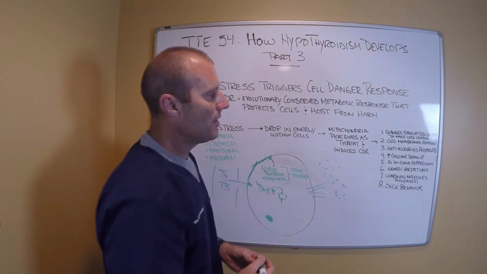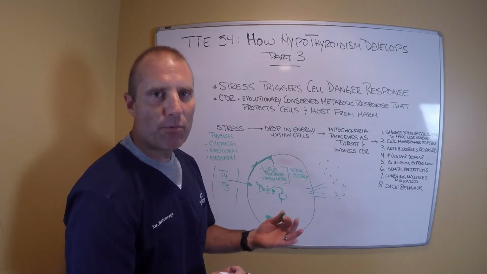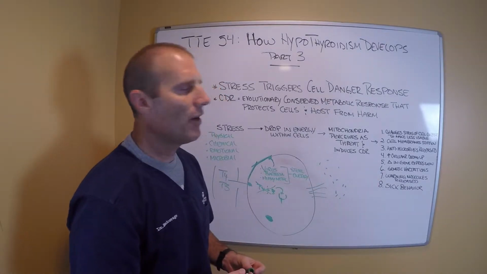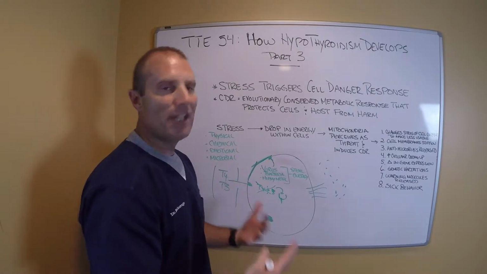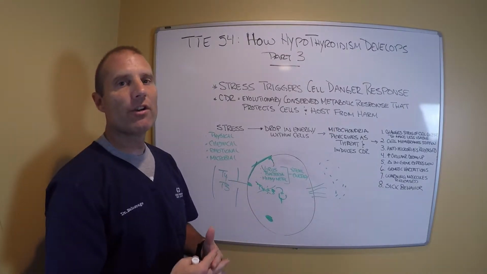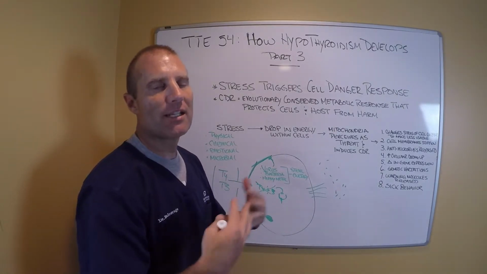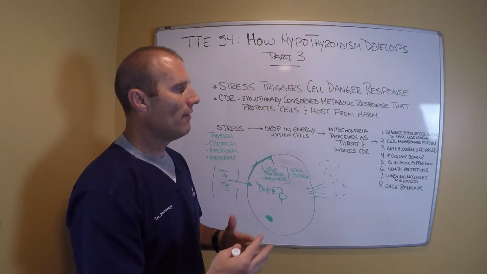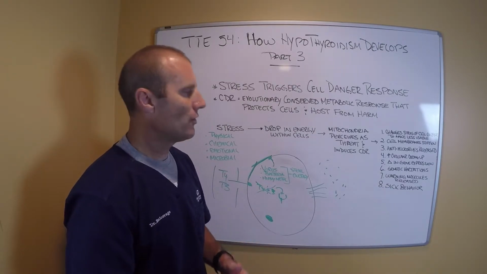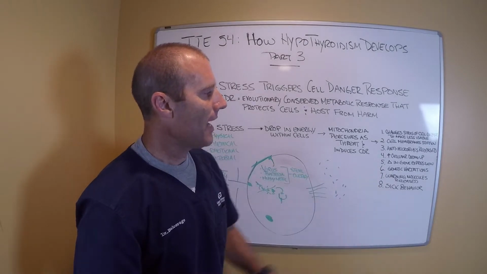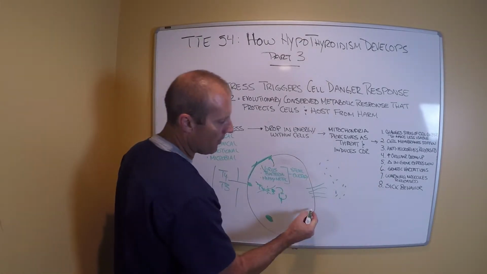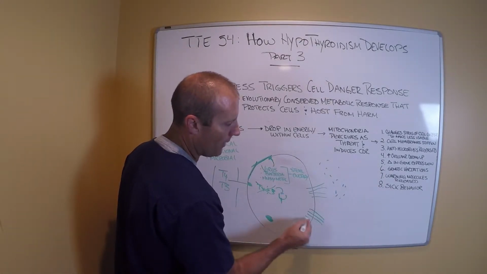We then start to see a change in gene expression along with genetic variations. This cell danger response can trigger changes in how our genes express, and it can create variations in how those genes function. The seventh thing that happens is the body releases a whole bunch of inflammatory or warning chemicals.